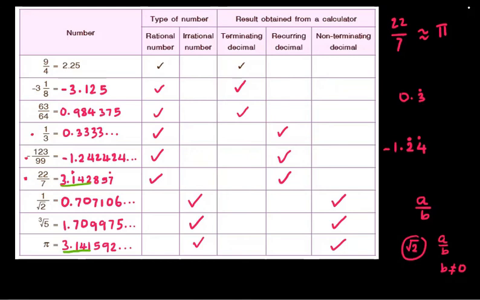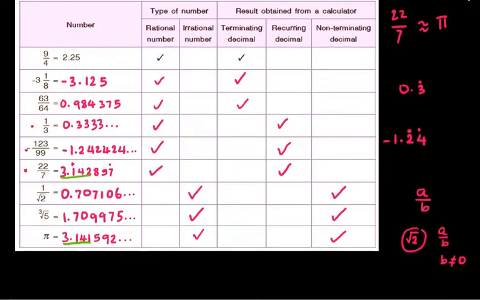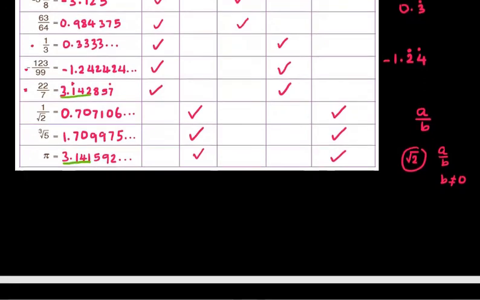Now, one more thing you need to note is that sometimes you may still be confused: if I have a number like 2, is it a rational number or an irrational number?